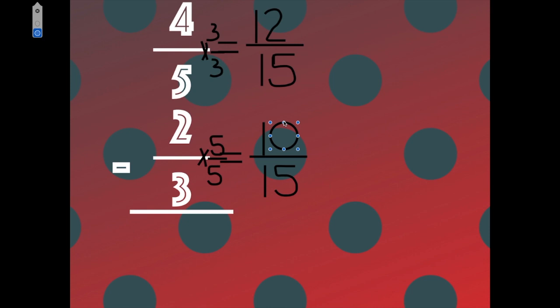All right, so far so good. So now we have 12/15ths minus 10/15ths. So if you had 12 fifteenths and then somebody took 10 of them, well then you would only have 2 fifteenths.